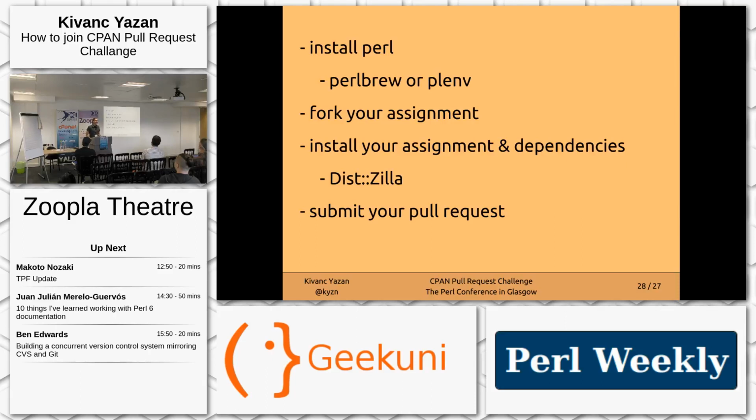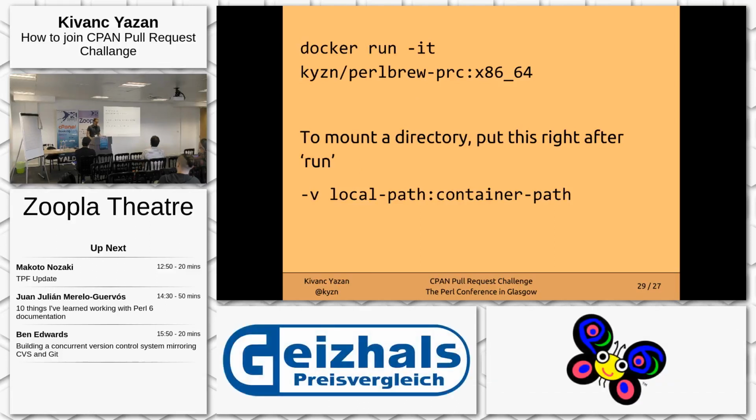We have a setup guide for people who are willing to install a Perl environment like Perlbrew or Plenv. Or if you don't want to do that, or if you want to get started even faster, there is a different way we use, and it's slightly overkill, but we built a Docker image, Docker container, that has Perl 5.28, distzilla, CPAN, so it has the minimum requirements of what you need.